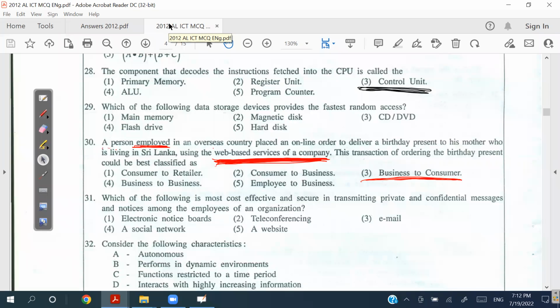So it should be business to consumer, not consumer to business. For the 30th, the third one should be the answer, people, not the second one, because I don't get any logic to take it as consumer to business.